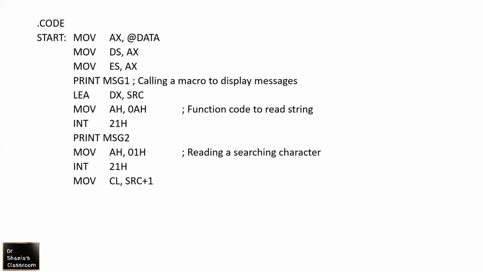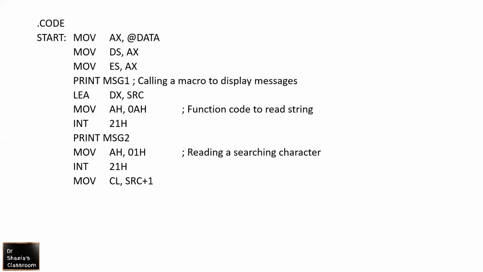After reading the string and a character, we have to look for the character within the string. So what I'm going to do is, first I will load the length of the entered string onto the CL register. First I should know what is the length of the string entered.